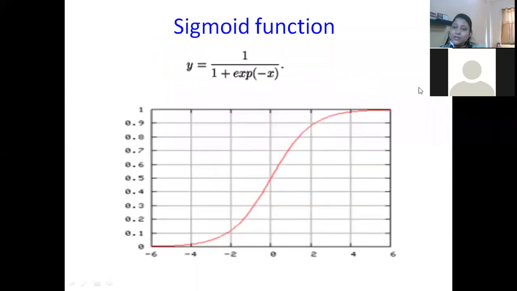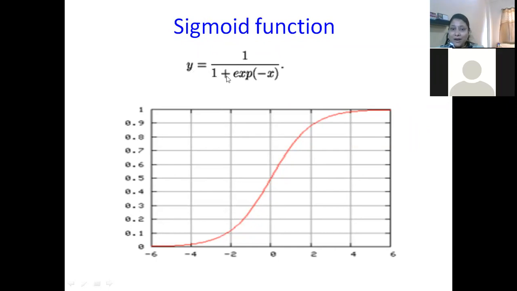This is the sigmoid function. We have also dealt with this function in the context of fuzzy. So this is one sigmoid function, or Gaussian distribution, what we usually call it. And this is how you will get the output function.